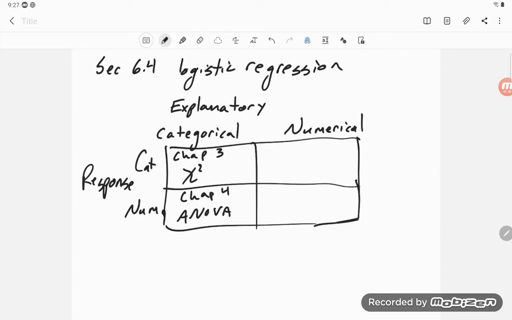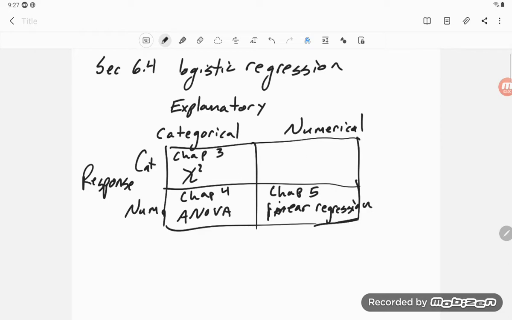Then we had chapter 5, where we used regression, linear regression. I'll put that, linear regression. And we had the numerical and numerical.